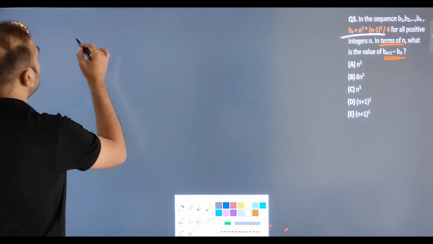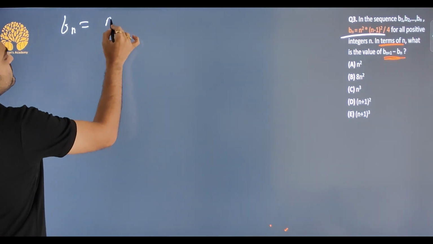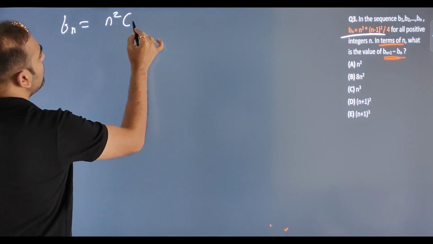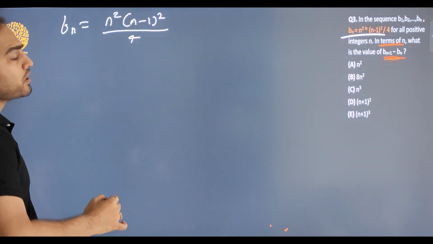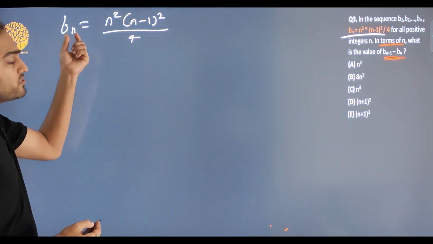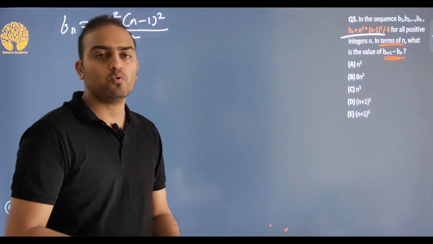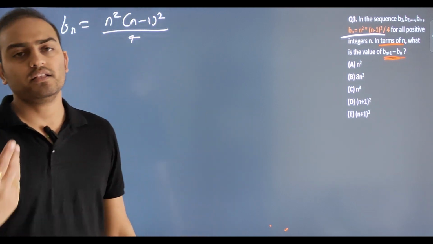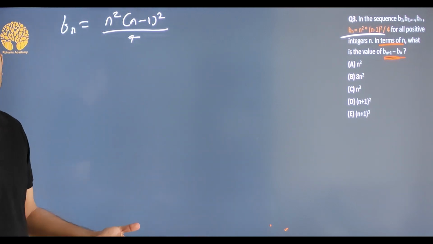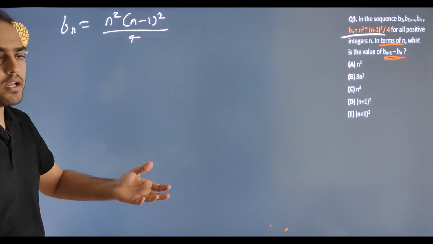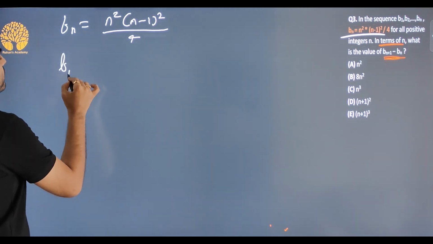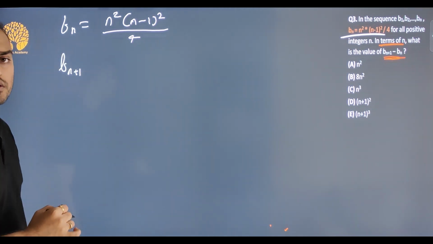So I know Bn is n square into n minus 1 whole square by 4, right? Now as I said, this n tells you the term number, correct? The only significance of n here is it tells you the term number. I can put n as 1, 2, 3, 4, whatever I want, right? So similarly, I can also put n as n plus 1.